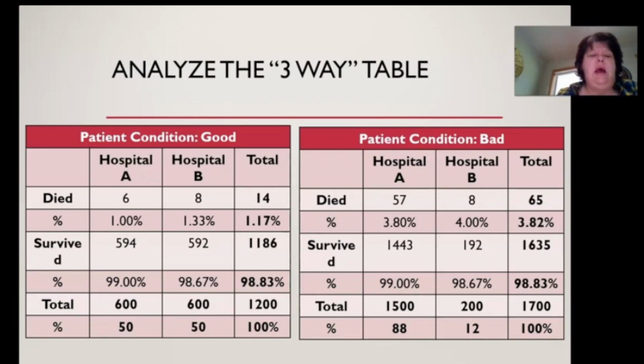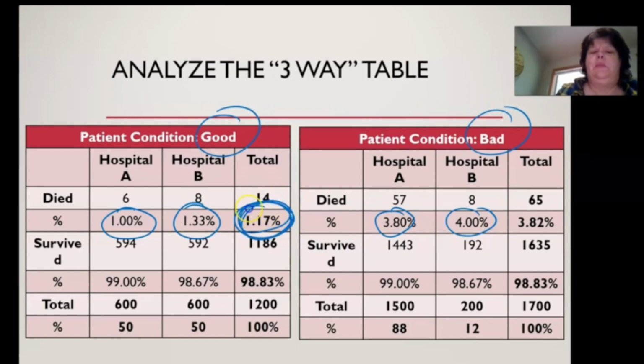You can see the 1% death rate for hospital A in the good condition patients versus 1.33, and 3.8 versus 4 for the poor condition patients. And the magic numbers here are 1.17 for the overall death rate for good patients, 3.82 for the bad patients.